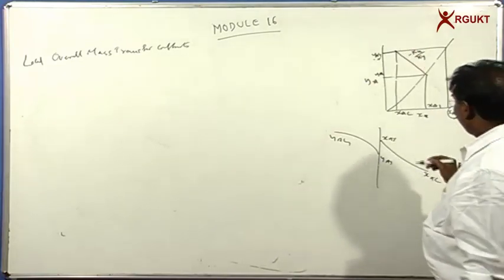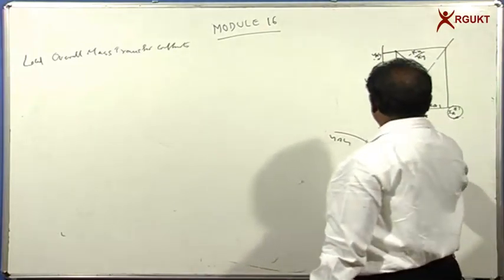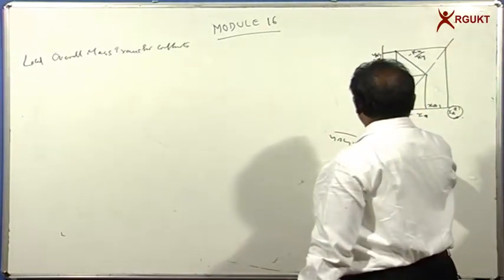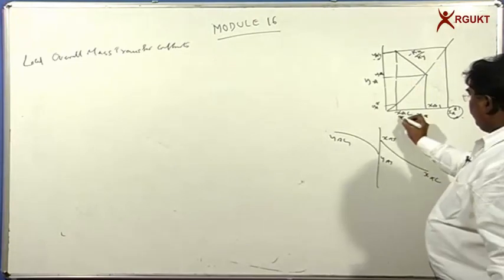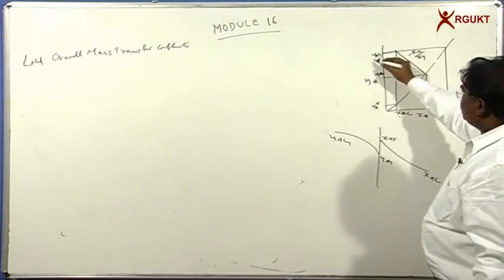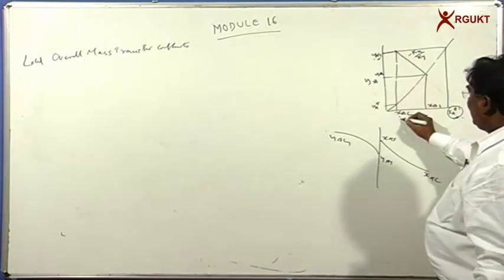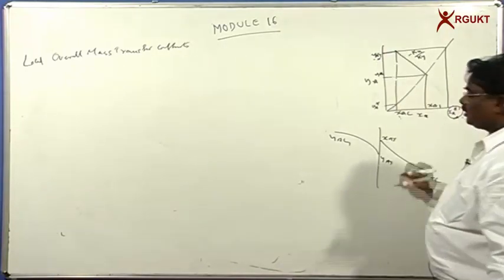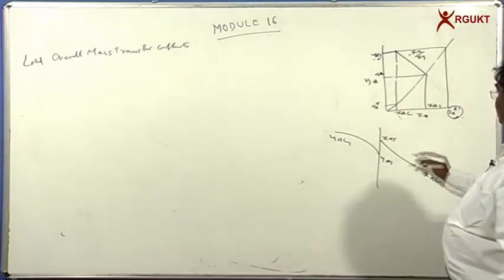At the same time we have XAL, which we can measure as XAL, or we can say YA star. So we can say the overall driving force is YAG minus XAL, or the overall driving force is YAG minus YA star, right?